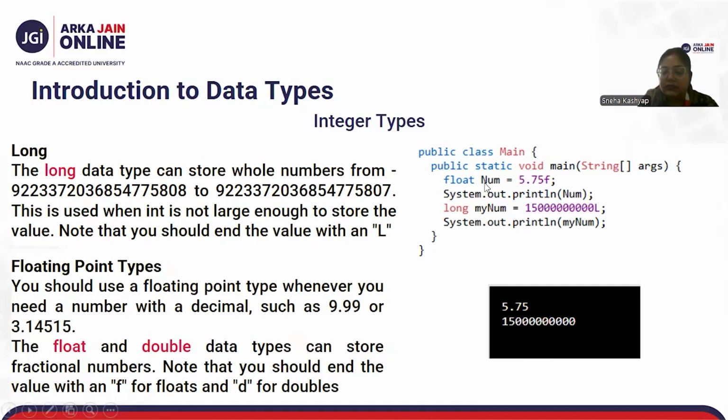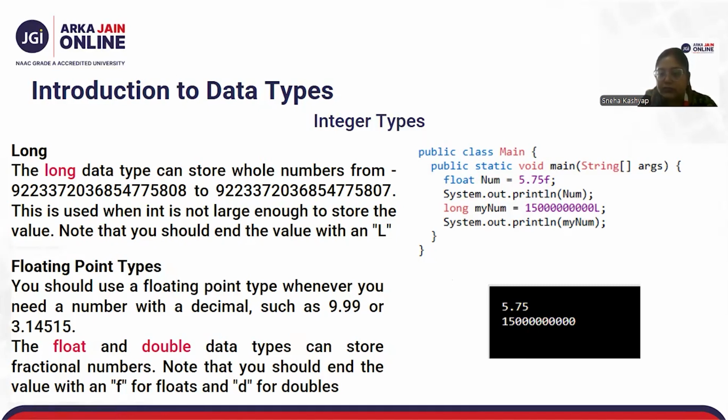Now I have taken two variables with the names num and my num. The num is assigned as float and my num is assigned as long data type. Since I have assigned num the data type float, I have given the value 5.75 with a small f symbol. This denotes that the data type is float.